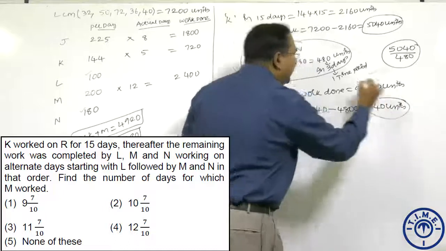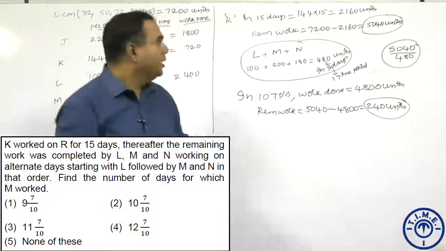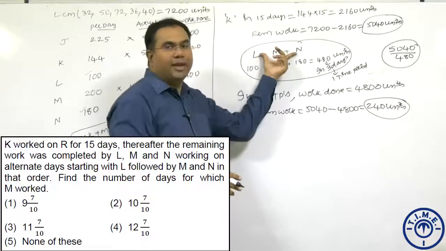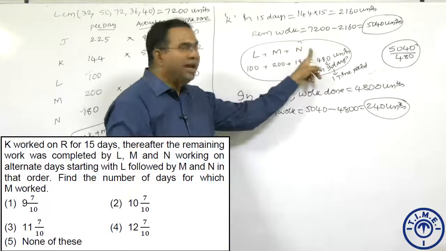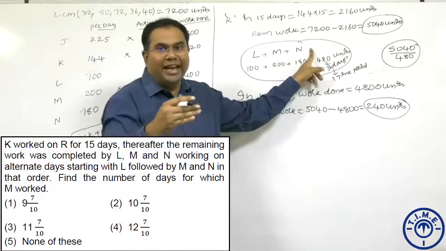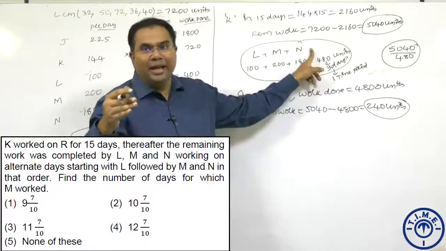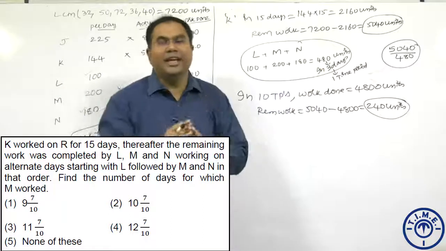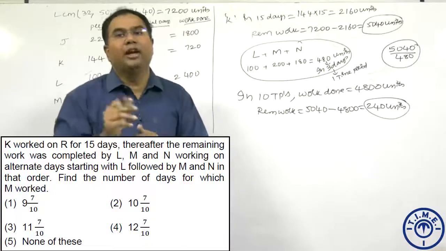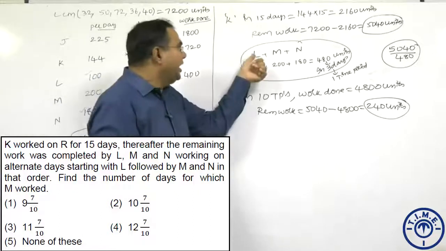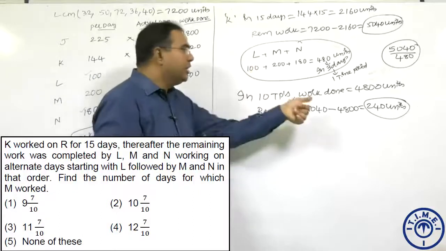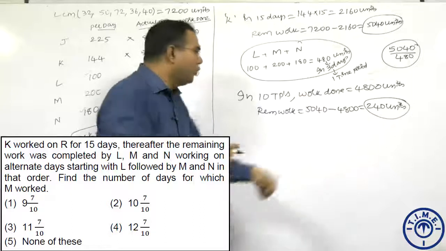After 10 time periods, who will come to work? L. After 2 time periods, L, M, N, next L will come. That means generally the person who starts the work will come to work. So L in one day will do how many units? 100 units, right? So there are 240 units.